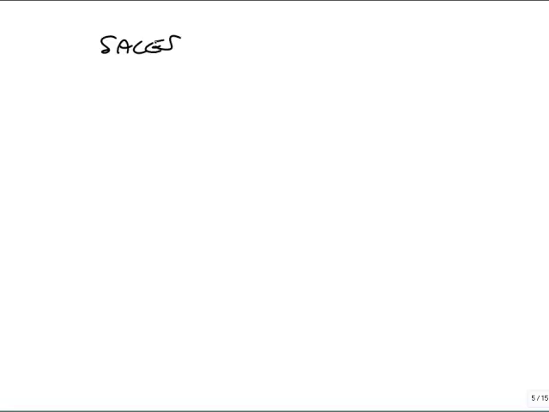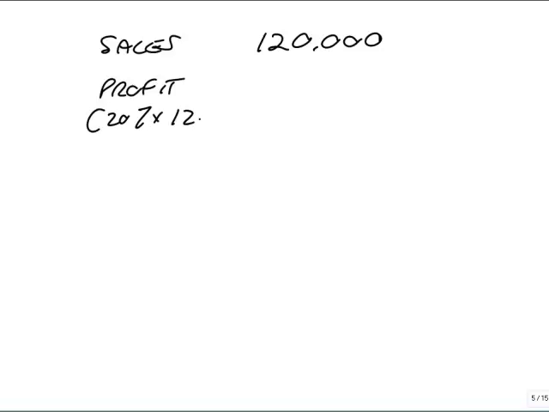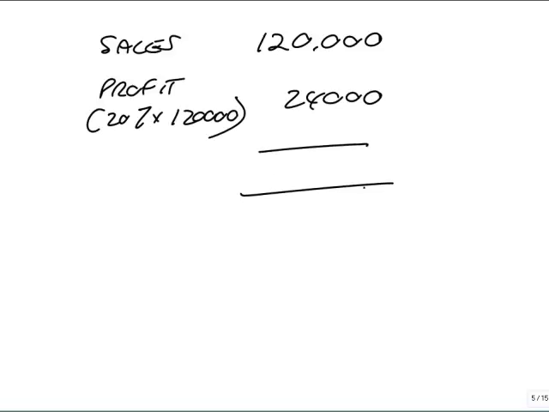So if the sales are 120,000, the profit, 20% of sales, is 24,000. And surely, if you're making a profit of 24,000 and selling for 120,000, the cost must be 96,000.